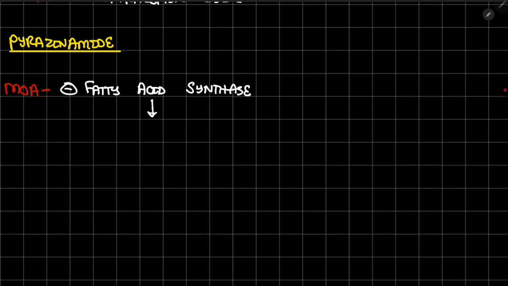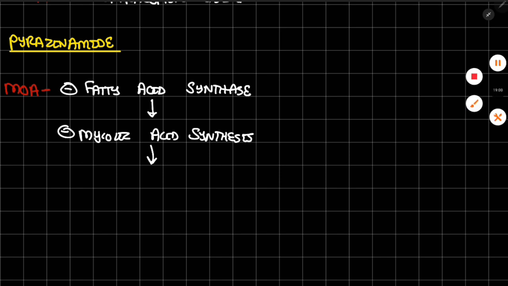So what it will do? It will inhibit the mycolic acid synthesis. And remember, where is mycolic acid synthesis? Bacterial cell wall. So bacterial cell wall synthesis will be inhibited and it will lead to bacterial death. Okay, this is the mechanism of action of pyrazinamide.